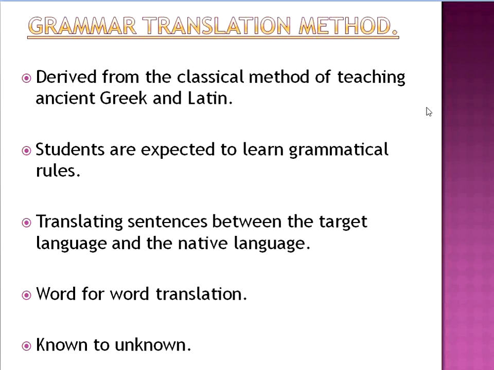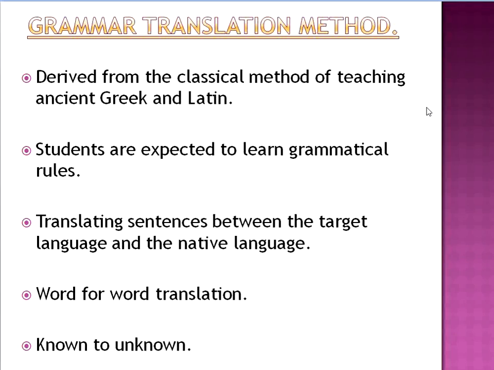Known to unknown. We have different teaching maxims, isn't it? Among the teaching maxims, we have this particular teaching maxim: known to unknown. How can we prove that this is a method of known to unknown? Because the mother tongue is known to everyone. The target of the teacher is to make the student learn English. Initially, the mother tongue is known to the student, and the English language is not known to the student.